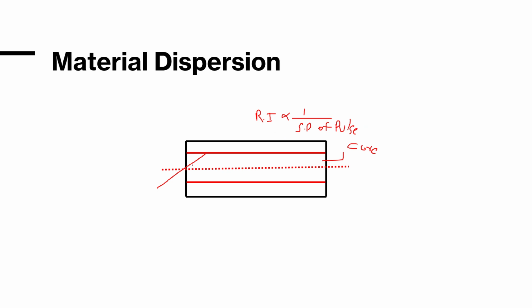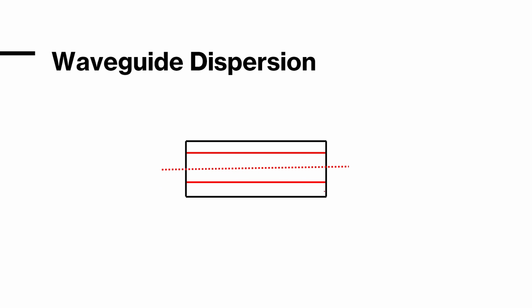So if the light signal passes through the core of the optical fiber, and there is a variation in the refractive index, then a change in the velocity, or the speed of the signal, happens, and that results in dispersion. Suppose I am passing this signal, and it comes out, and suppose the signal was like this and at the output end it is like this, then this dispersion is caused by the variation in the refractive index during the manufacturing process, and this results in the spreading of the light signal. This is known as material dispersion.